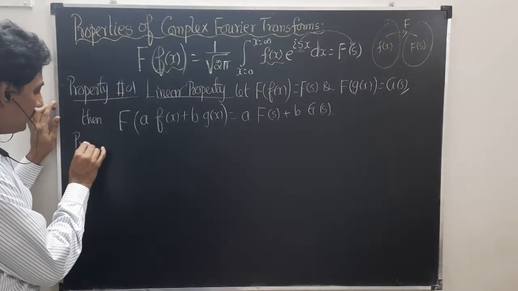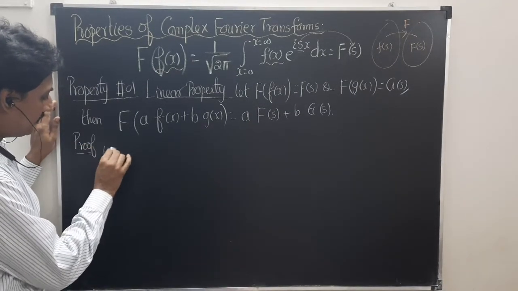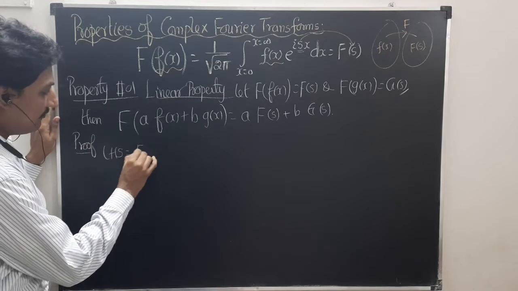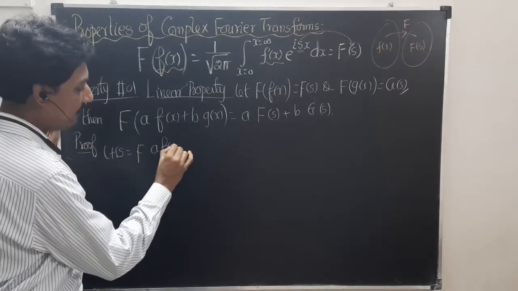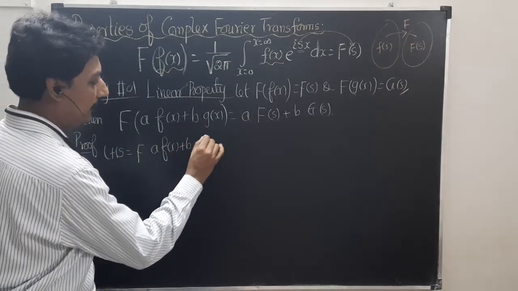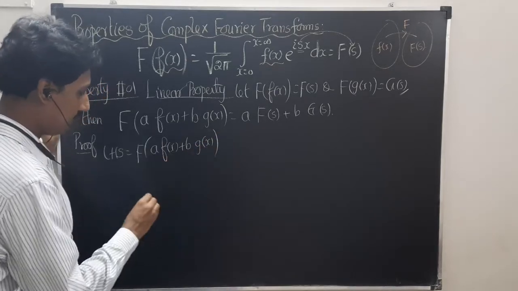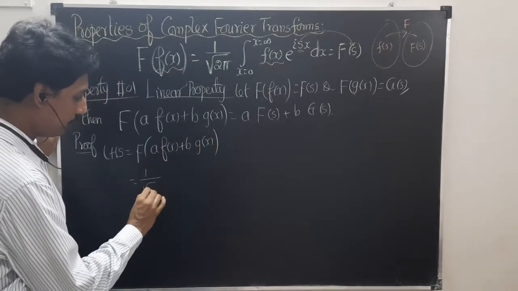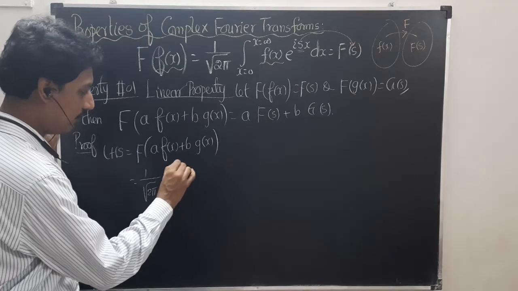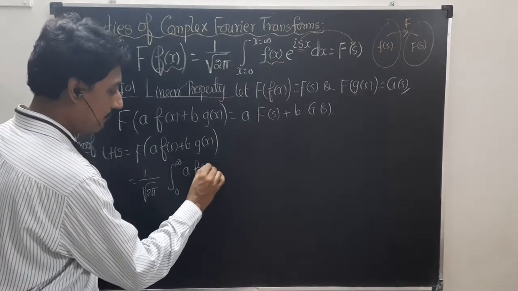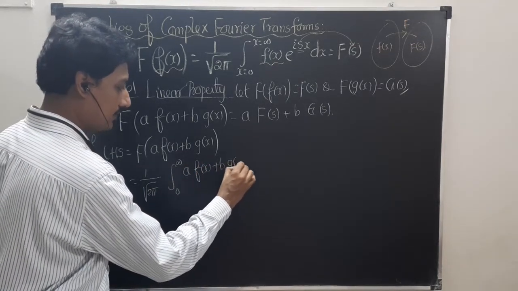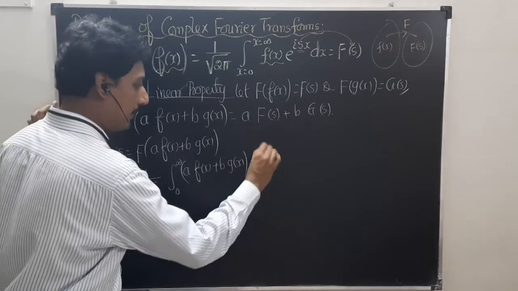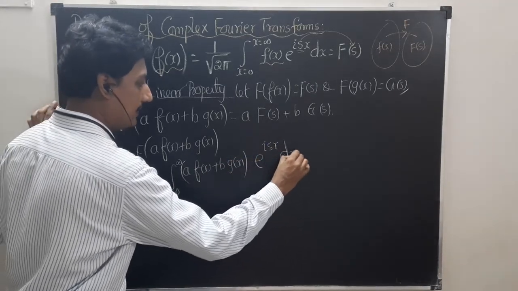Now how to prove this? It is a very simple proof. Let's go for the left hand side. By the definition, in the place of f of x, here I have a f of x plus b g of x. So this is equal to 1 by square root of 2 pi, integral 0 to infinity of (a f of x plus b g of x) times e to the power i s x dx.